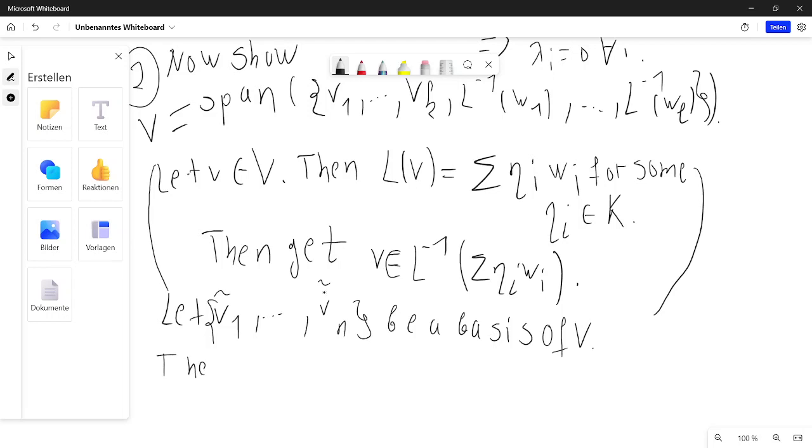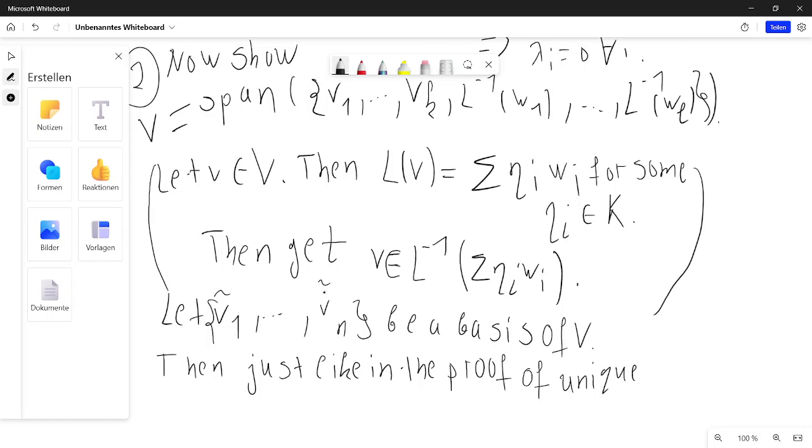Then, just like in the proof of the uniqueness of the number of vectors in a basis.